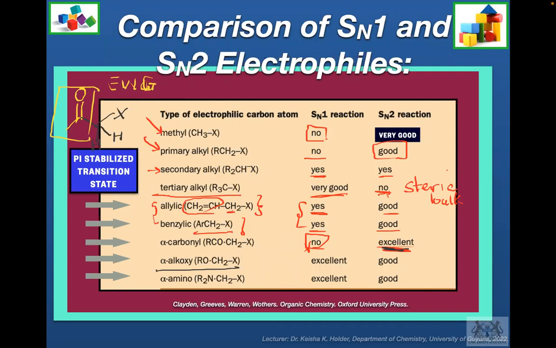Now, alpha alkoxy electrophiles and alpha amino electrophiles tend to behave the same, and so the same rules apply. They work well for SN1 because they generate a stabilized carbocation. We saw that previously. And they're decent for SN2, but not as excellent. So the take-home message here is that there are some electrophiles that can react well for both sets of mechanisms, and the question of which mechanism to apply under what conditions will be determined by what you know about the intermediates and your reaction conditions.